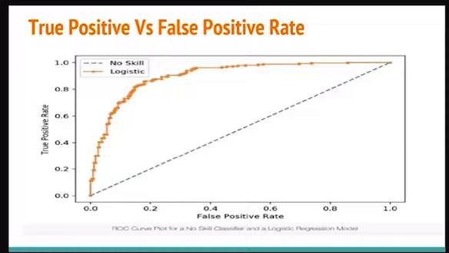Let me tell you this. When AUC equals 0, what does that mean? Oh my God, if AUC equals 0, that is bad. It means everything it predicts is going to be in error. Everyone in the positive class will be classified as negative, and everyone in the negative class will be classified as positive.